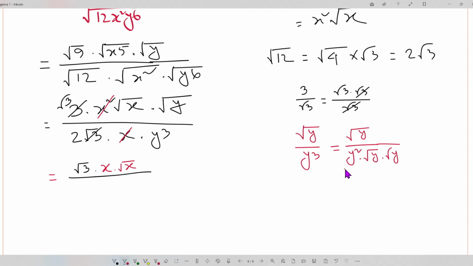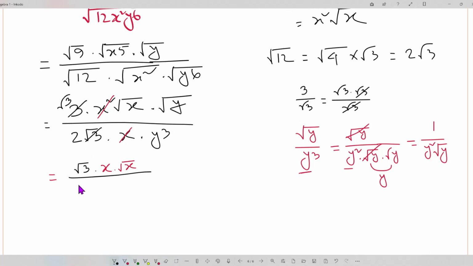It means here is y square, and root y times root y is y, so y square times y is y cube. And now this root y and root y out, finally we get what? 1 divide y square root y.